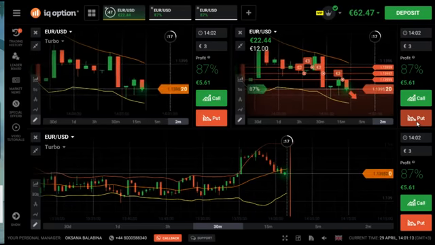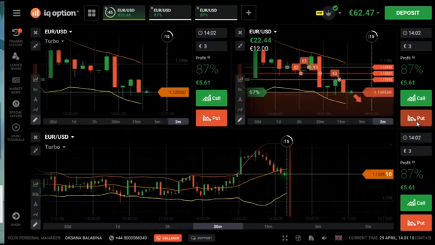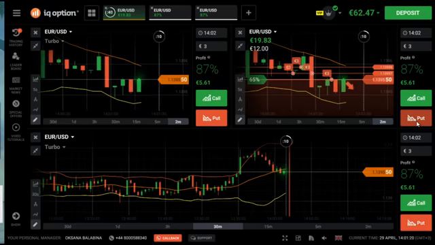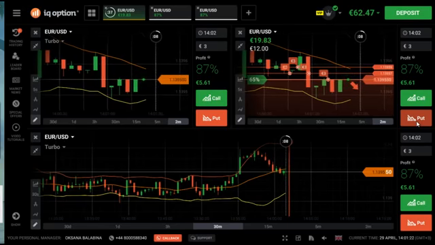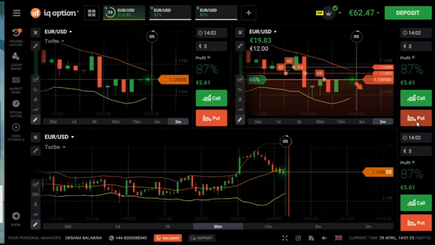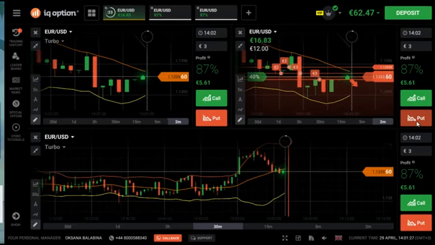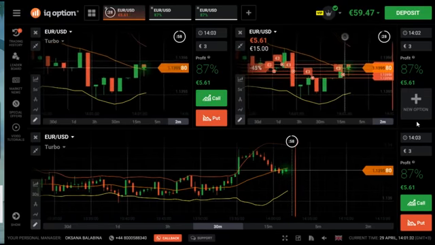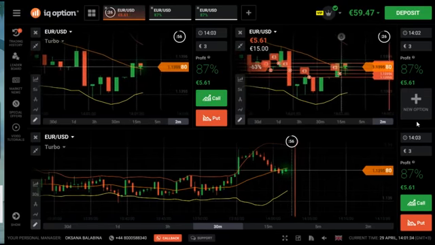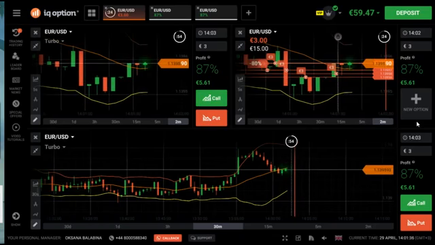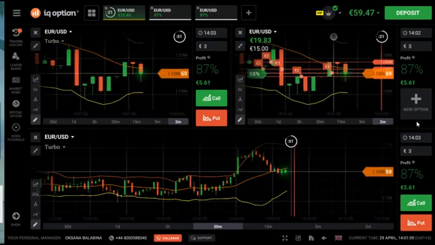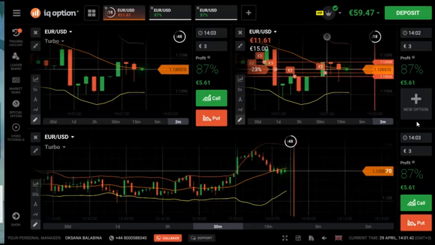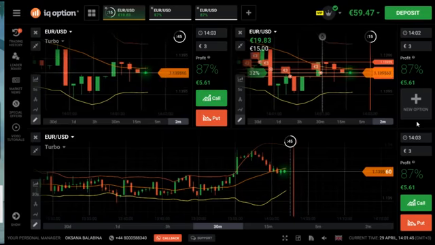So I have no choice but to go for the put. But it's a very, very tiny recovery. I'm working on the secondary window.